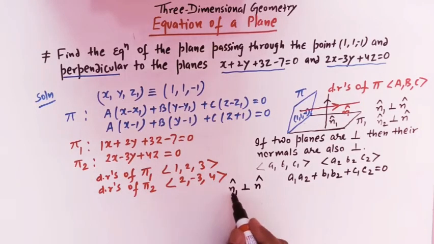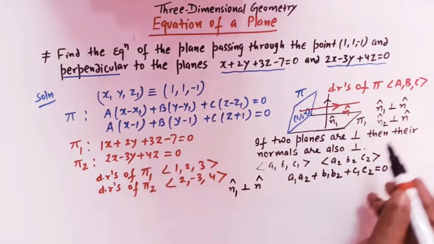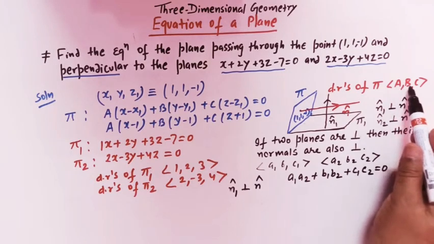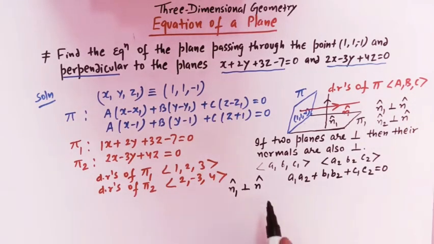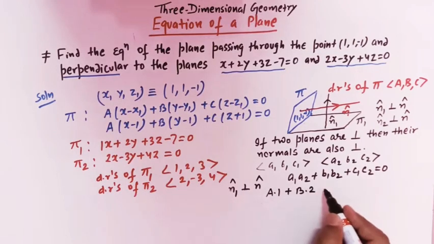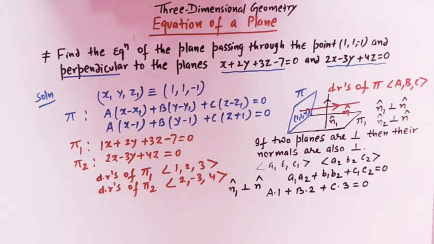So the direction ratios of n1 vector are 1, 2, 3, and the direction ratios of n vector are a, b, c. So by this condition we have the equation a times 1 plus b times 2 plus c times 3 is equal to 0, right?